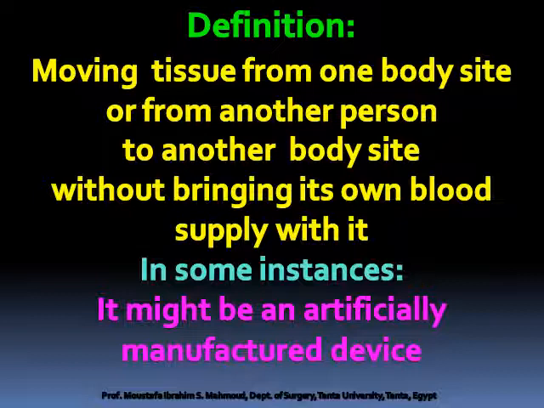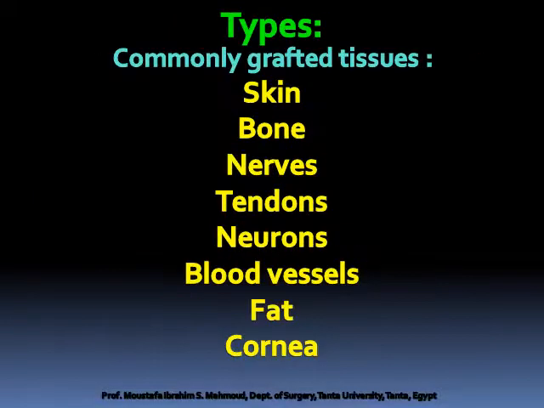In some instances, it might be an artificially manufactured device. Types. Commonly grafted tissues are skin, bone, nerves, tendons, neurons, blood vessels, fat, or cornea.